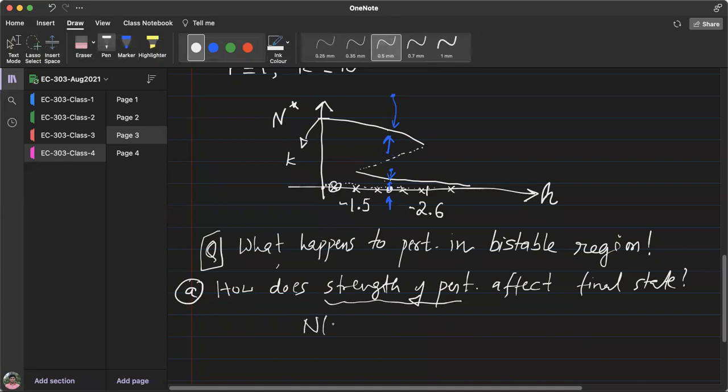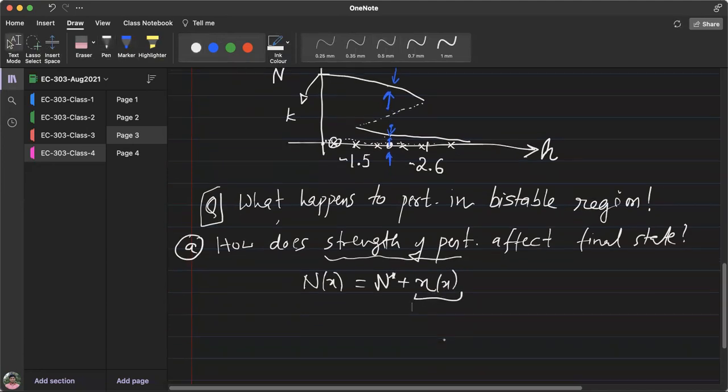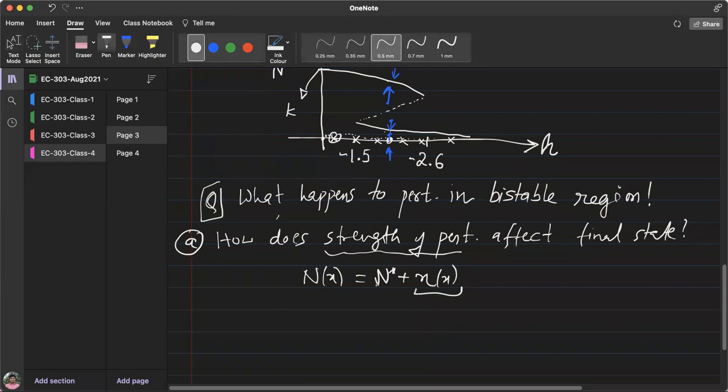Now you have n of x. In the mean field model, the distance from the n star was sufficient to describe the strength of perturbation. Is it sufficient in the spatial system? Does it also depend upon the diffusion coefficient? Let's say we have fixed the diffusion coefficient.